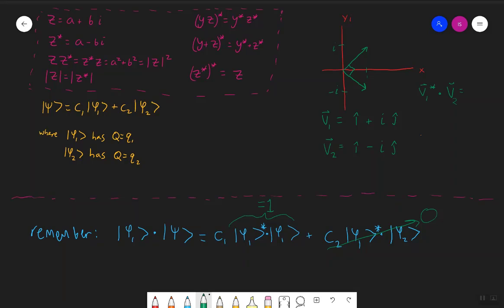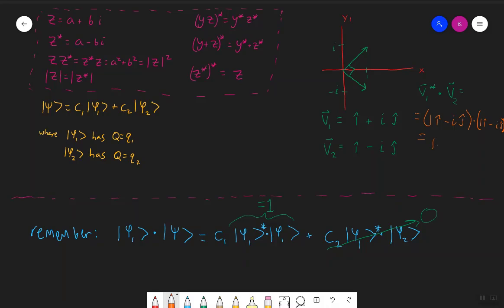So let's see how that works. Again, we know that v1 star is 1 times i hat minus i times j hat, and v2 is 1 times i hat minus i times j hat. Hopefully you can see this, it kind of cut out. Okay, and now we can do the dot product here.